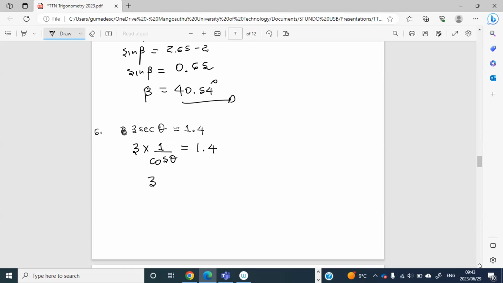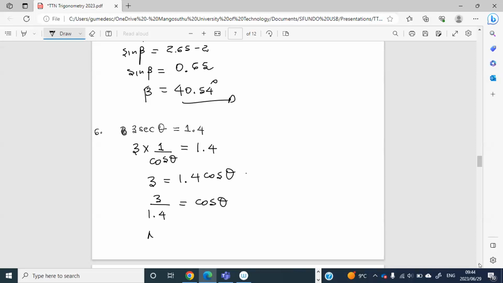Then what we'll do, we'll cross multiply by cos both sides. So we'll have 3 equal to 1,4 cos theta, right? And then we divide by 1,4. 3 over 1,4 is equal to cos theta. Then I'll press my shift cos, I'll put 3 divided by 1,4, and then I'll get a math error.